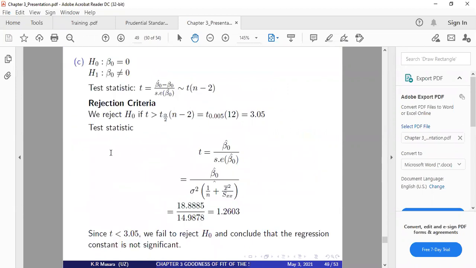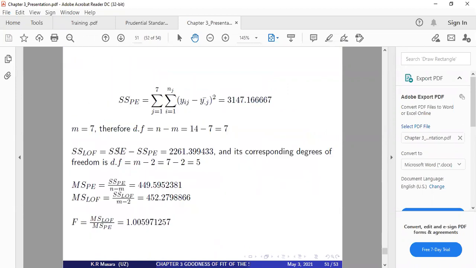So SS lof is equal to SSE minus SS pure error. You get this one. And the corresponding degrees of freedom for lof is m minus 2. What's m? 7, and 7 minus 2 is 5. To get MS pure error, SS pure error is divided by its degrees of freedom, which is n minus m.